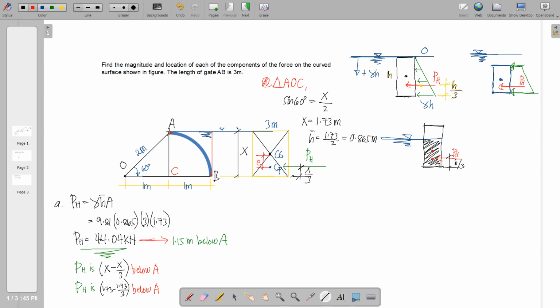So projecting that upwards up to the liquid surface, we will be having here an area in the form of a spandrel.